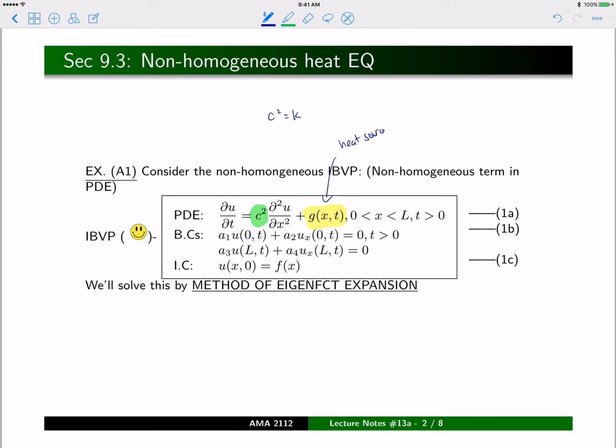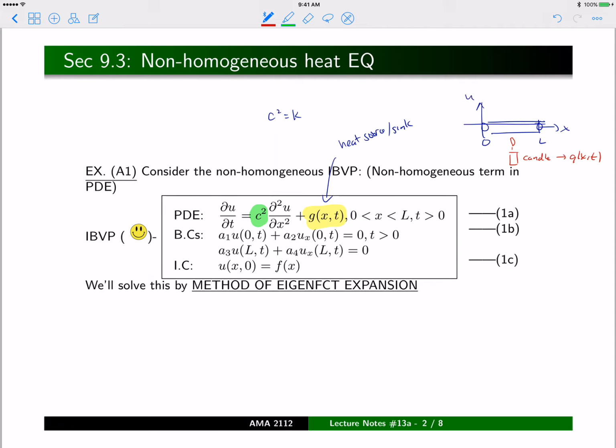You can imagine physically a rod of length L on the x-axis, measuring temperature U. You put a little candle here to represent the heat source. The candle would be the heat source.